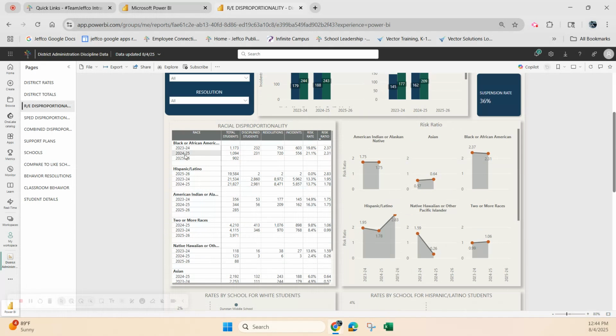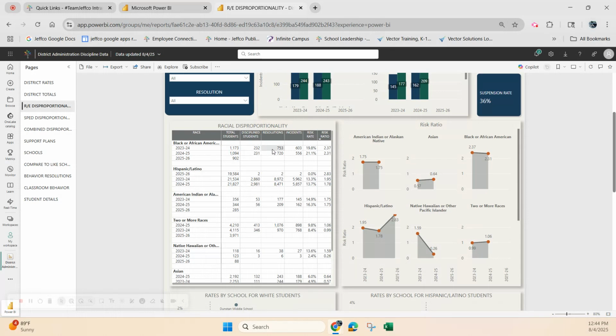And then this table here is something that I want to take just a minute to outline. So this is broken down by race, and this is any student with any type of discipline incident or resolution. So for our Black and African American students in 23-24, you can see that there were 1,173 total students enrolled that year, of which 232 of them had a disciplinary incident.